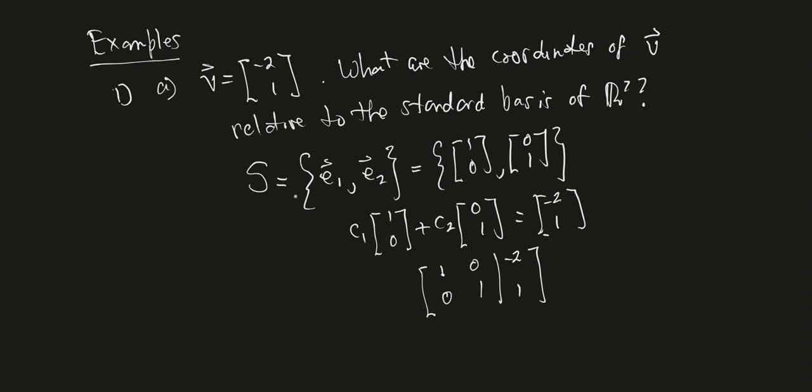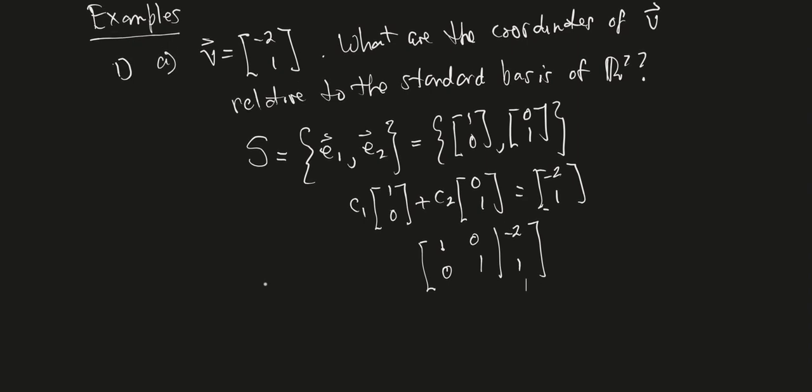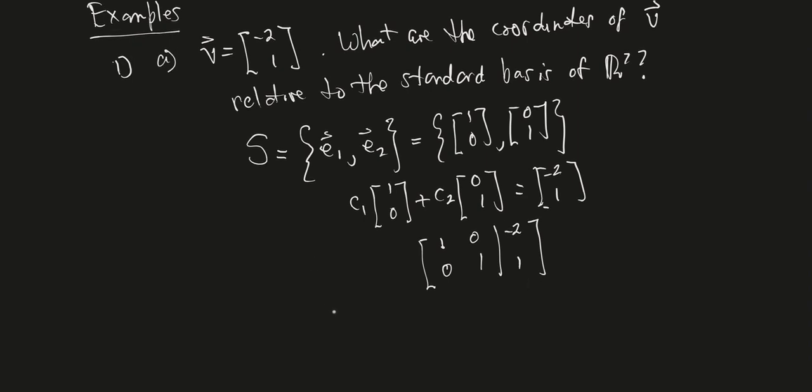So what does our answer look like? We're just going to use this new fancy notation and say that the coordinates of this vector relative to that basis are written as a column, and it's going to look exactly like the same vector, because it's my C1 and then my C2.